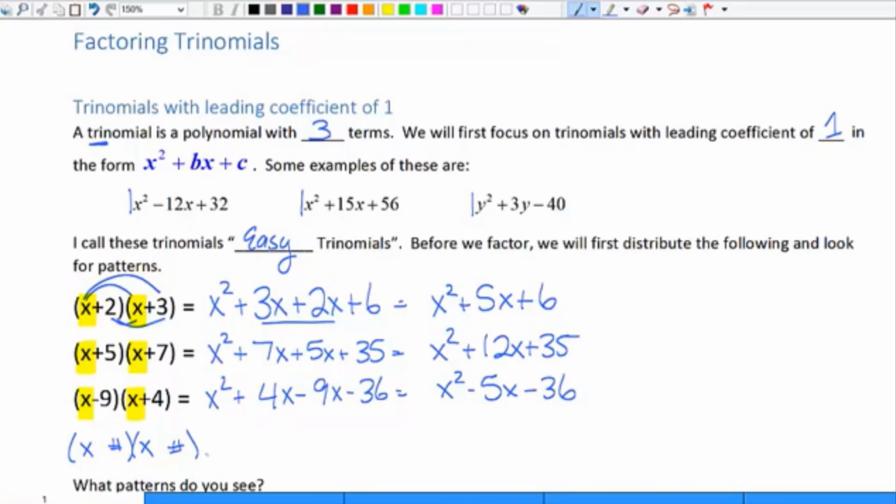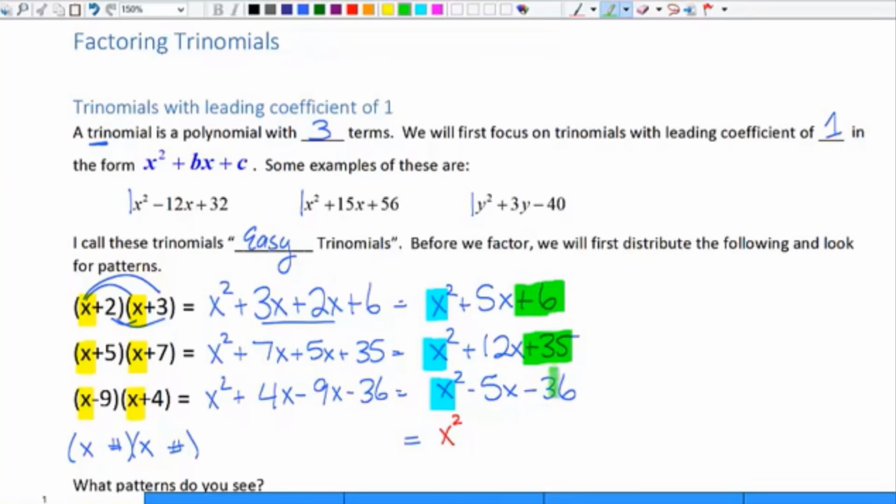So if we're trying to connect our original problems to our final answers, I want to go to the final answers and see if you can find any patterns there. Often my students will say, well look, the first one is always x squared, and that is true. So this first one's always going to be x squared in these easy trinomials with leading coefficient of 1. Another thing that my students will see is they'll look at the last term.